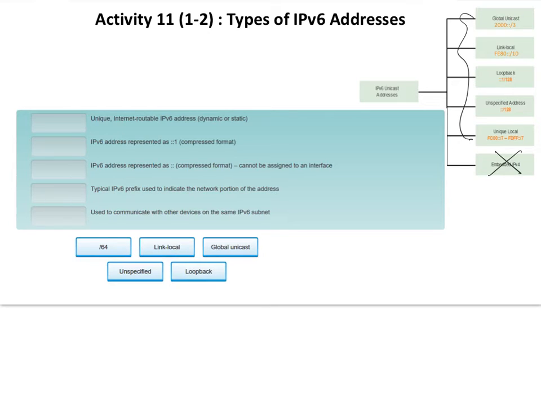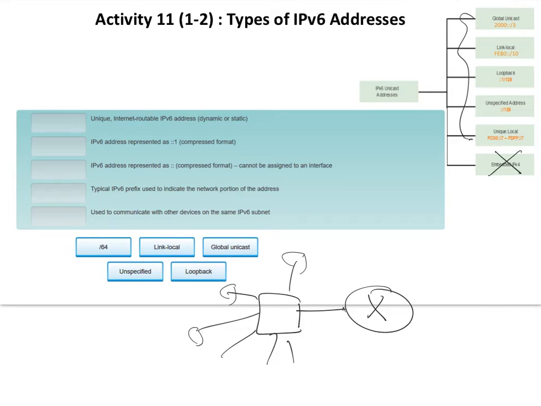The link local address is similar to the link local address in the case of IP address version 4. If you have a network and you have multiple nodes, the link local address gets assigned to the interface and each of these nodes. There are slight differences.